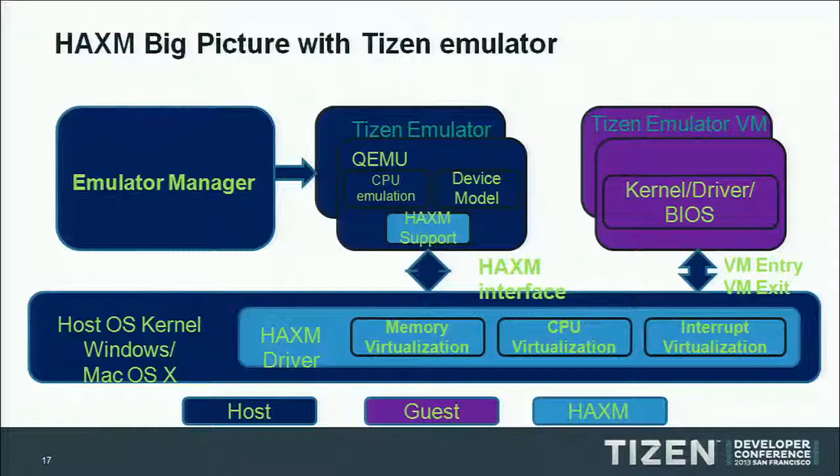Then here is the task for the HAXM driver to finish the CPU virtualization. And as a VMM, the HAXM driver is also responsible for the memory virtualization. Why is memory virtualization needed here? There are two reasons. First, the guest believes that its physical memory region starts from 0. And second, the guest believes that its physical memory region is contiguous.